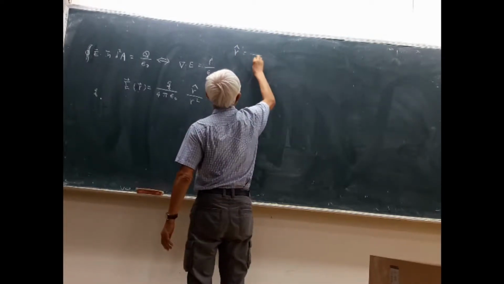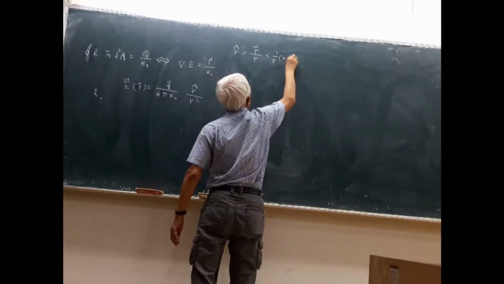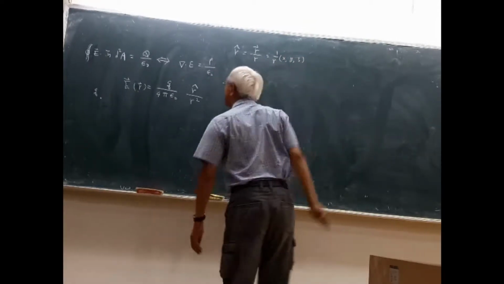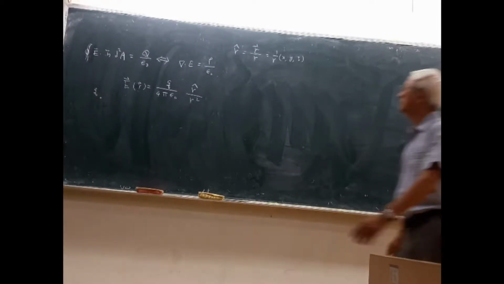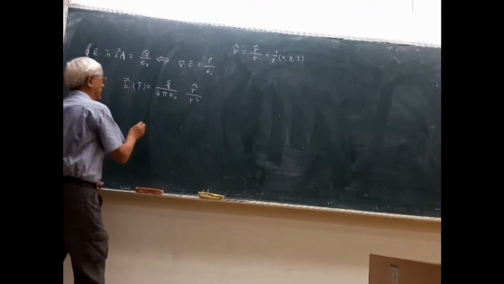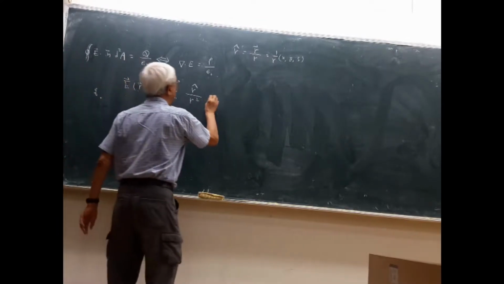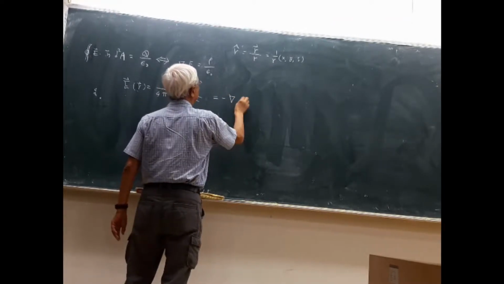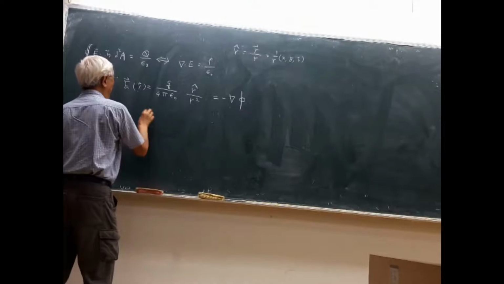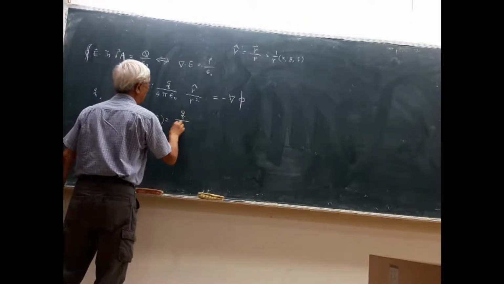Times r hat, where r hat is a unit vector in the radial direction, so that's x, y, z over r. Now, this can be derived as a gradient of phi, where phi is the electric potential, equal to Q over 4 pi epsilon naught r.